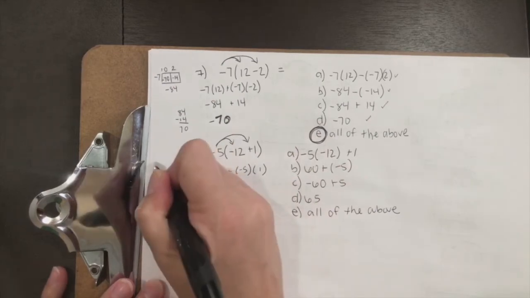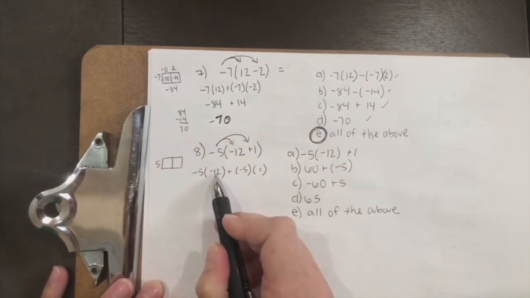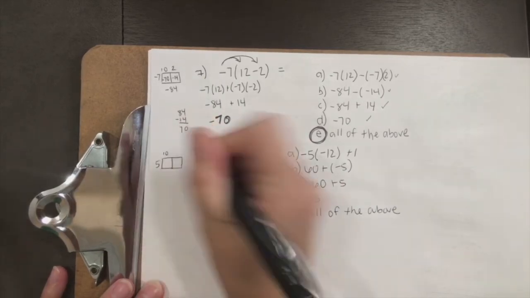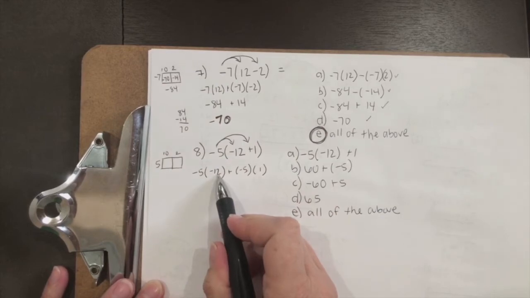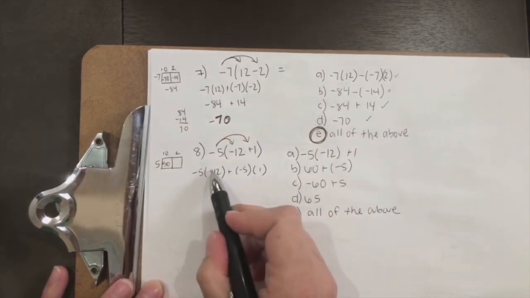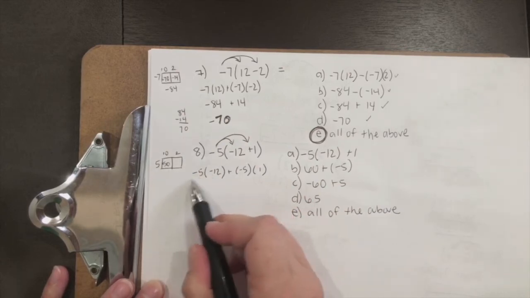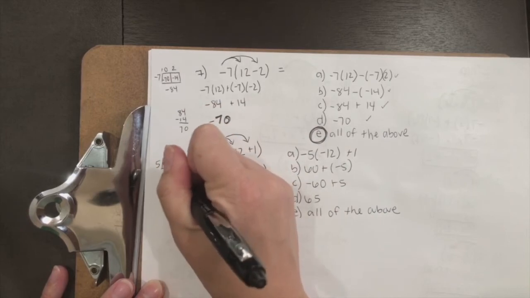If I have 5, and I'm going to multiply it by 10 for the tens place, because there's a 1 in the tens place, and 2 in the ones place, 5 times 10 is 50, and both of these are negative, so our answer is going to be positive. And then 5 times 2 is 10, and I add them up, I get 60.